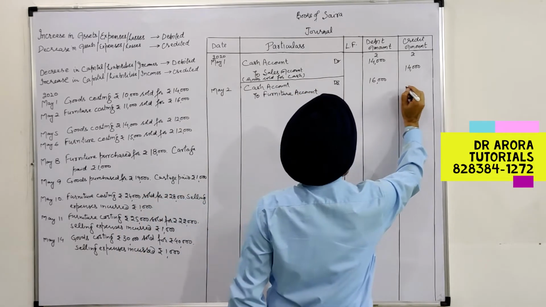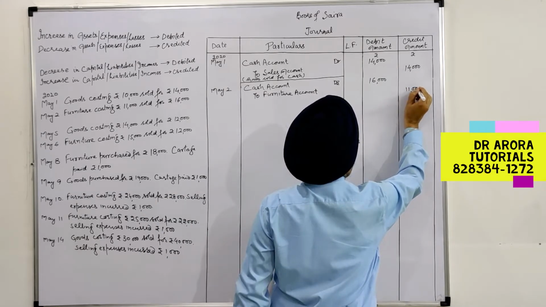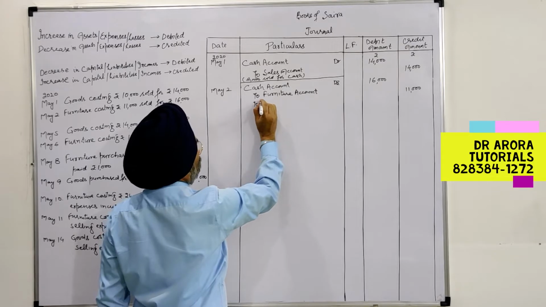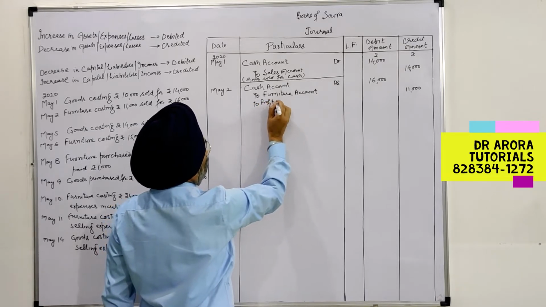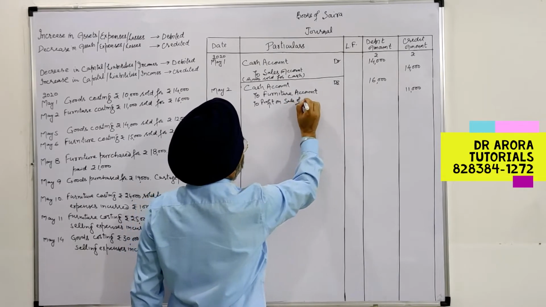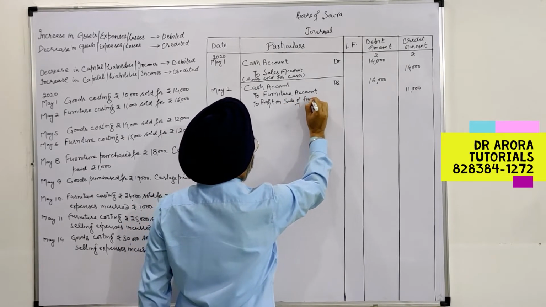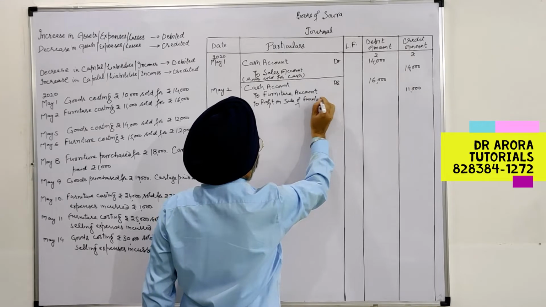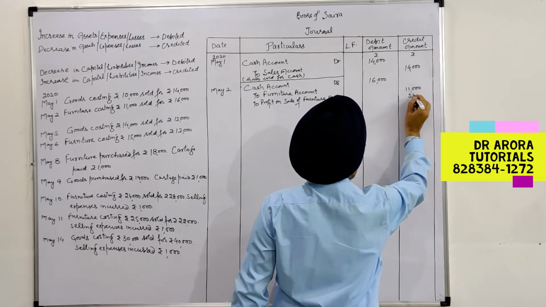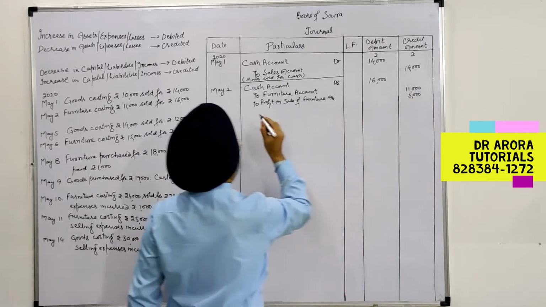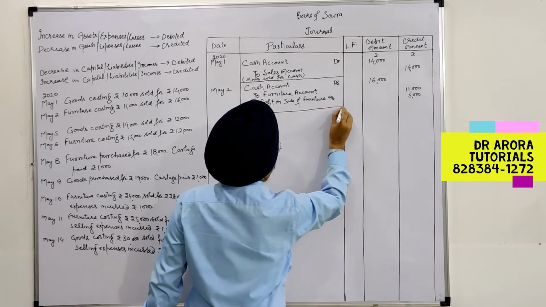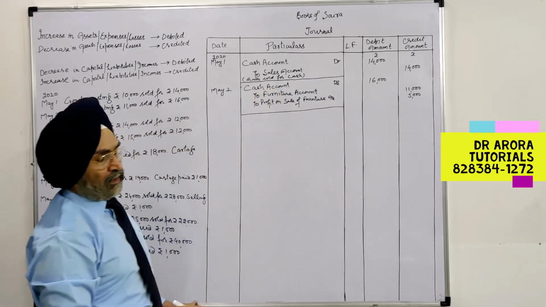So furniture worth rupees 11,000 has gone, and there is a profit on sale of furniture account, a profit of 5,000, and that profit will be shown.